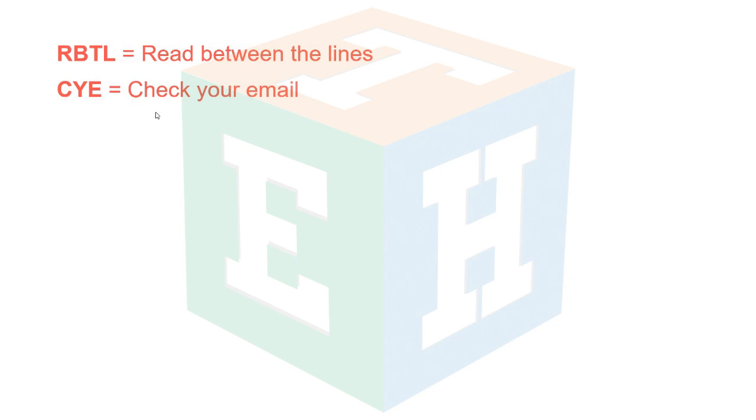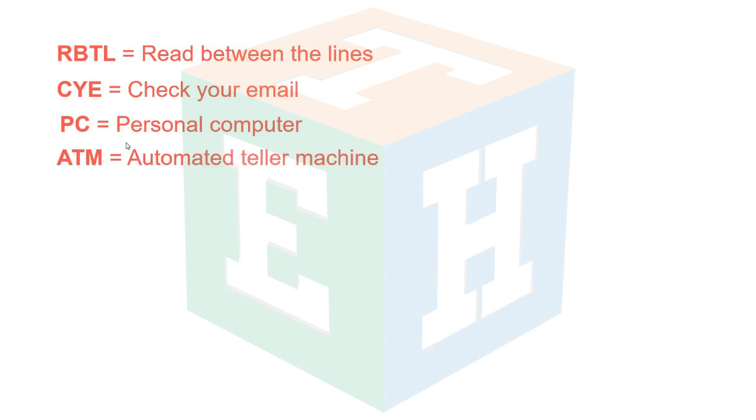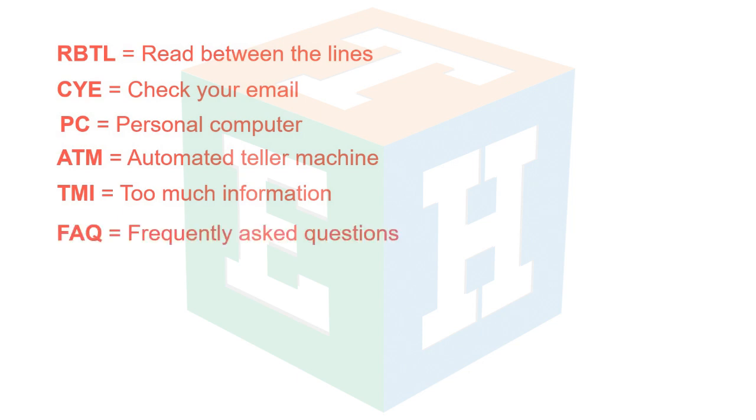CYE, check your email. PC, personal computer. ATM, automated teller machine. TMI, too much information. FAQ, frequently asked questions. SMNP, so not my problem.